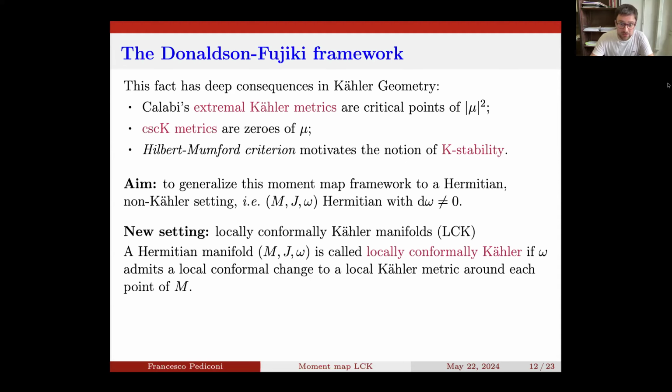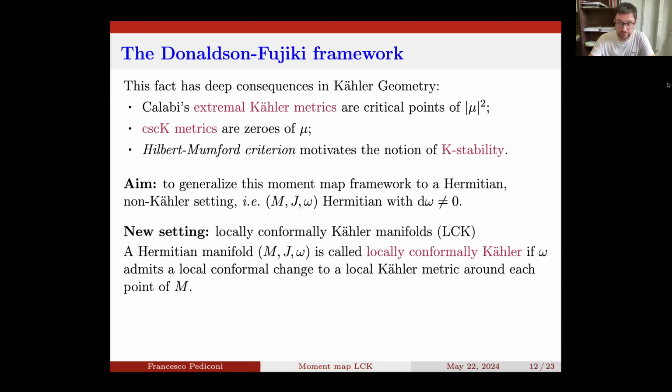What we try to do is to restrict to some class of non-Kähler metrics, and this class is precisely given by the locally conformally Kähler manifolds. Well, what is a locally conformally Kähler manifold? It's just a Hermitian manifold that in general is non-Kähler, but it admits around each point a local conformal change to a local Kähler metric.